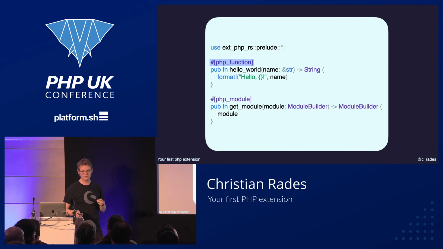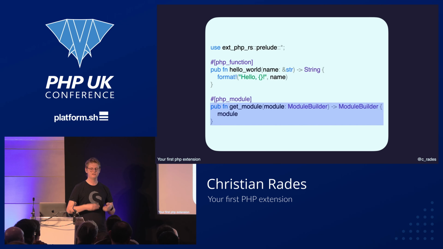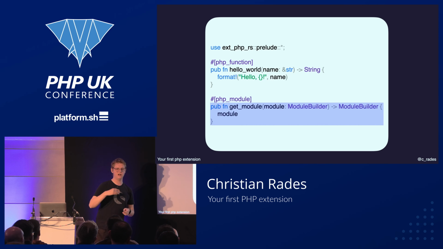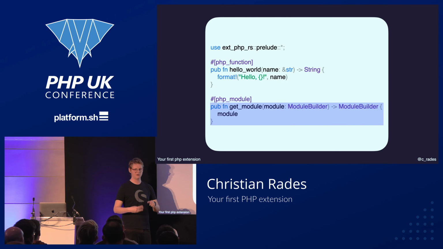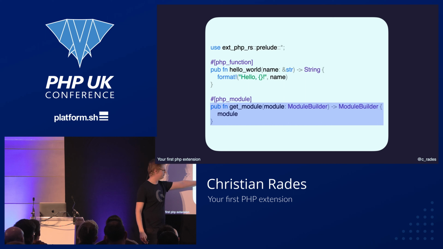That's not all, because in general, when you are installing an extension, PHP needs to know what the extension does, like what it's called, what the functions are, what classes are, things like that. And for that, there is a config function that you canonically give the right name, and PHP will call it. But in our Rust example, we can just write our own configuration function, again, just a public function.